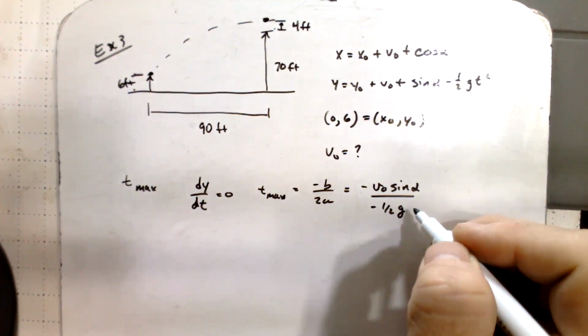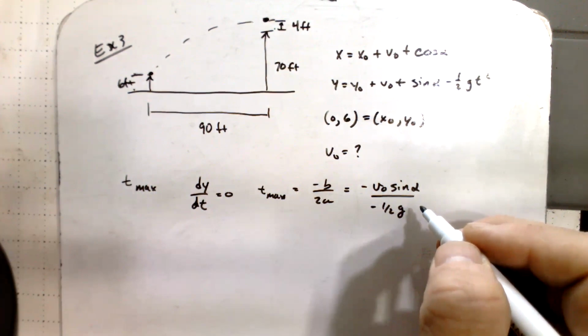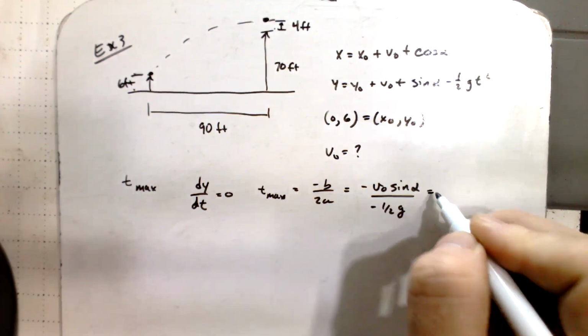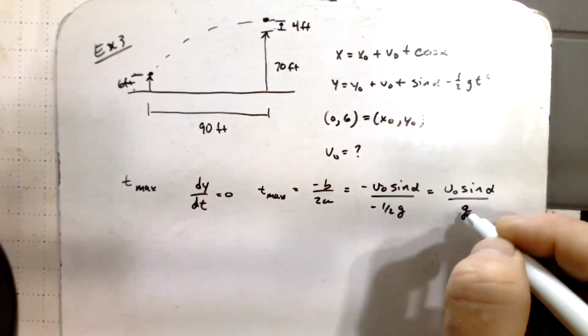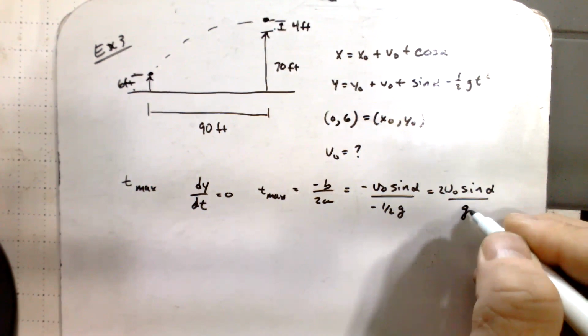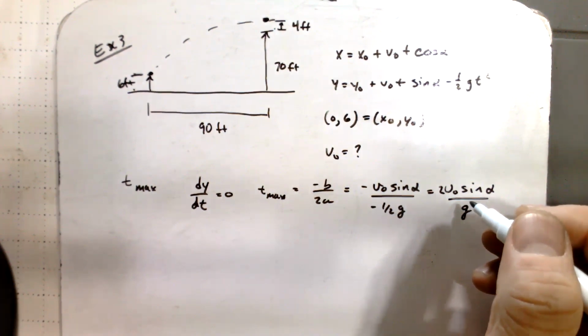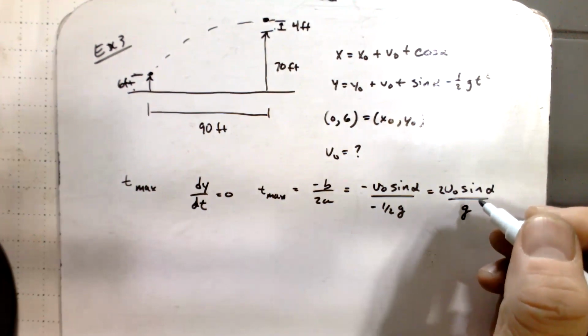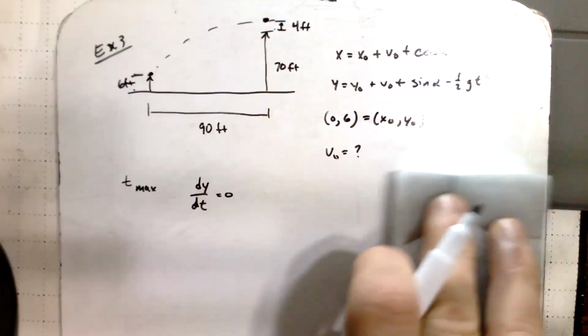And we get V naught sine alpha over g, with the half flipping up to the top. Let's see.